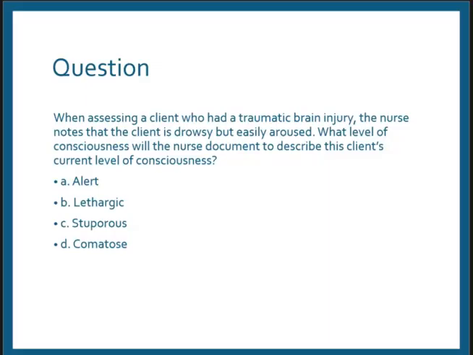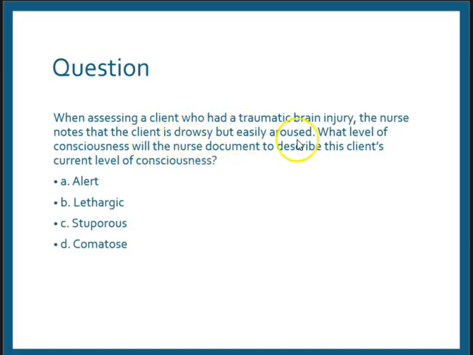All right, when assessing a client who's had a TBI, the nurse notes that the client is drowsy but easily aroused. What level of consciousness will the nurse document to describe the client's current level of consciousness? So, has a TBI. That's important to note, but how are they responding is really what we need to know.